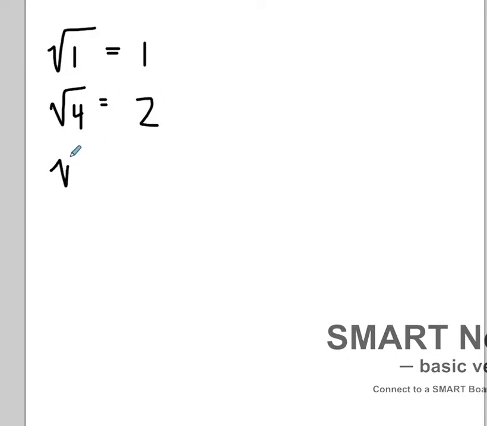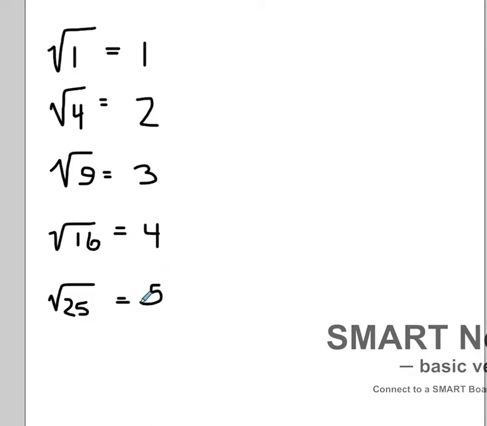The next perfect square is 9, which gets me 3 because 3 times itself is 9. Then 16: the square root of 16 is 4, or 4 times itself is 16. I'll stop at 25. You can go to 36 and so on. So these are your perfect squares.